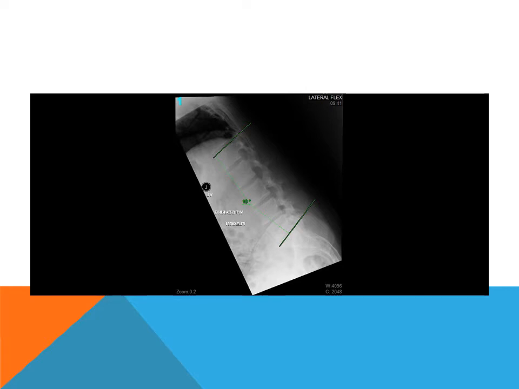Now recall that when we started on the neutral lateral film, the lumbar lordosis was minus 60 degrees. So now in moving this injured worker into full lumbar spine flexion, the lumbar lordosis reduces to minus 10 degrees, a change of minus 60 minus 10, which is 50 degrees.